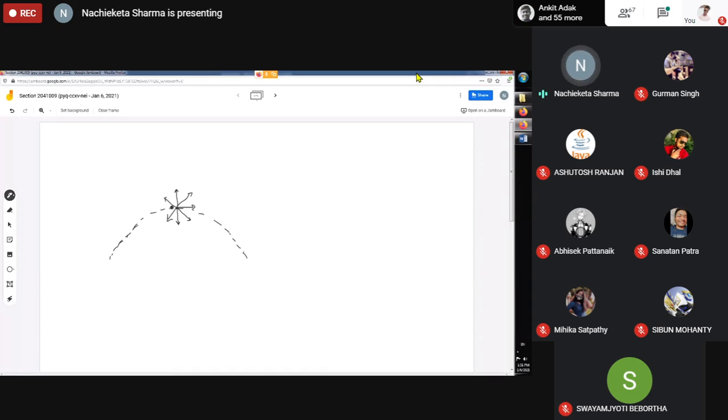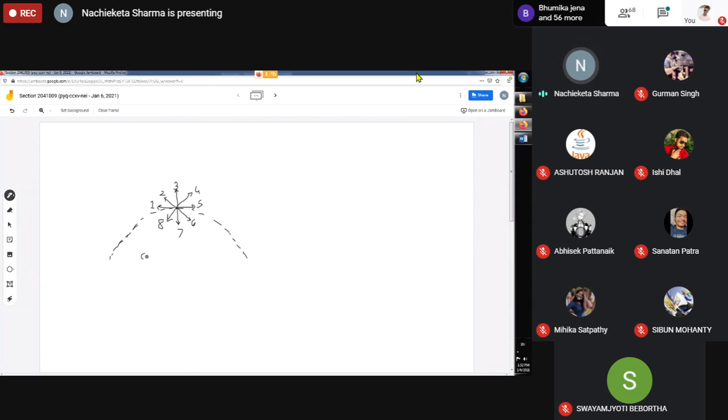Okay, so these are 1, 2, 3, 4, 5, 6, 7. They have names also: the 1st option, 2nd option, 3rd option, 4th option, 5th, 6th, 7th, 8th, and the 9th option is acceleration is equal to 0.